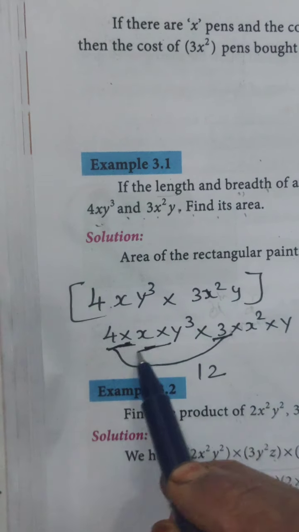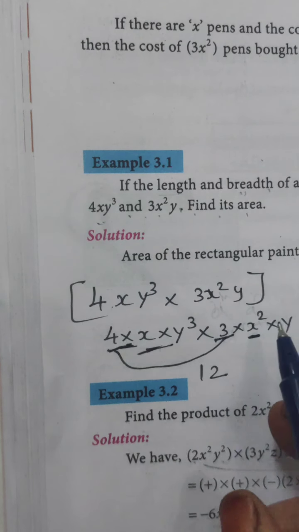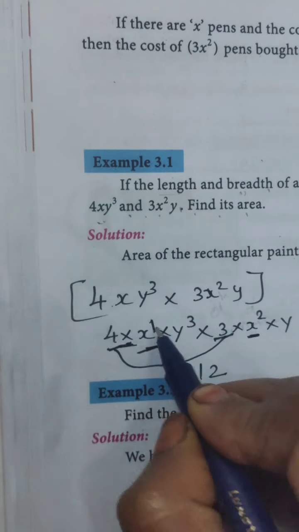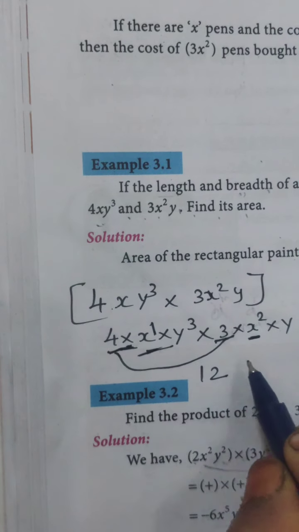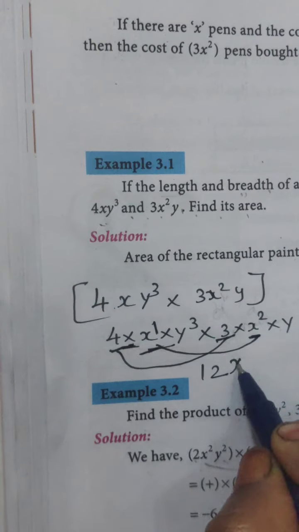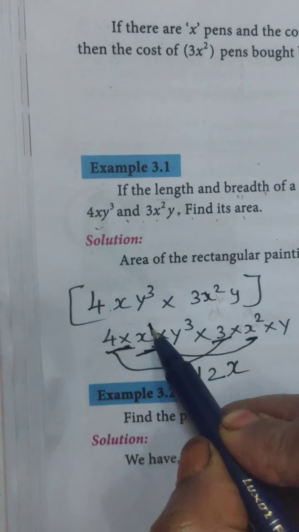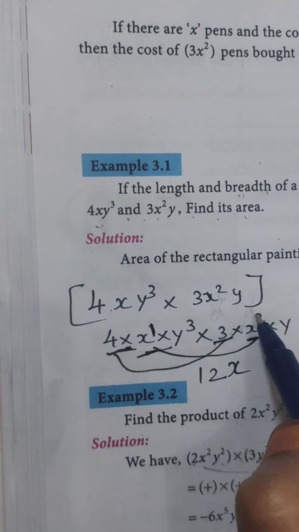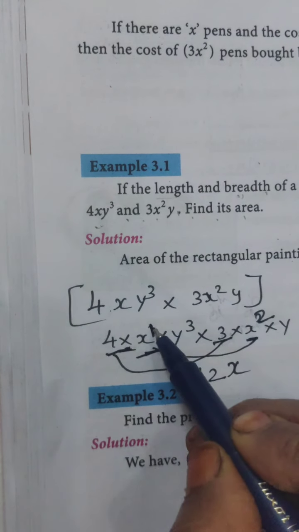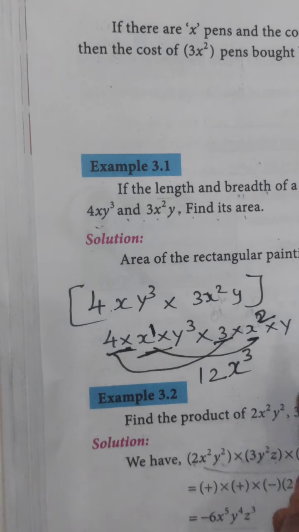Next, the x term is there. What is the term here? The x term and the x squared term. How to multiply here? What is the power? 1 plus 2. You write x only once; you want to join them, and after joining you write x. Writing x one time is enough. How to write the power? Here the x has no power number, so it is 1. Here the other power is 2. So 1 plus 2 you add, the power number is 3.